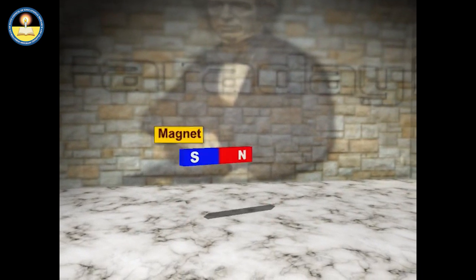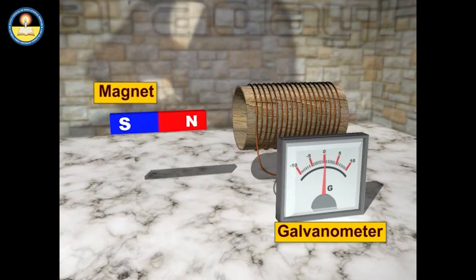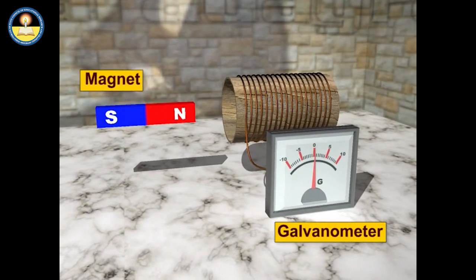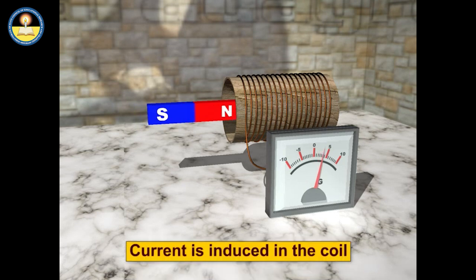In a closed circuit containing a coil of copper wire connected with a galvanometer, when the north pole of a bar magnet is approaching the coil, the galvanometer suddenly deflects in one direction. This shows that some current is induced in the coil.